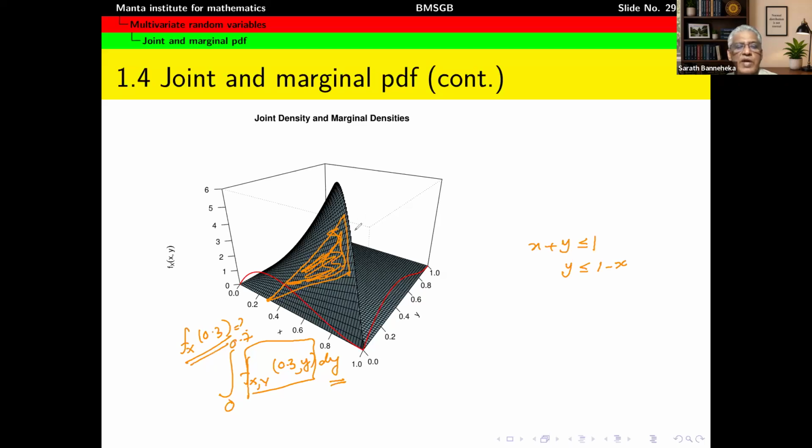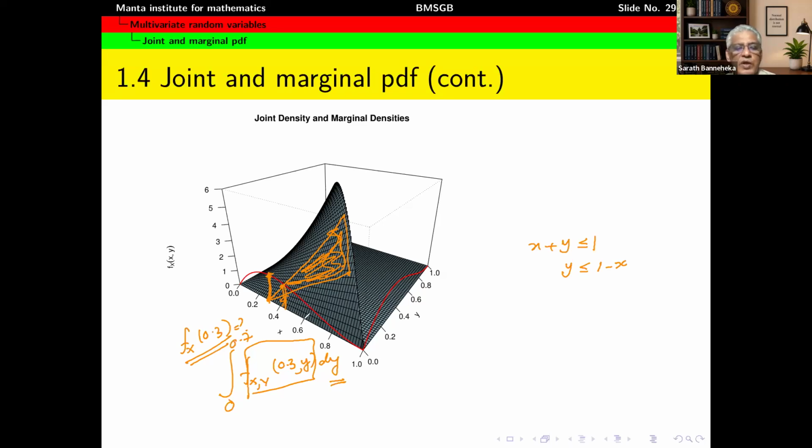And that will be this height here. Not this one actually. Well, this one. When x equals this value, the density function has this value. So if you evaluate this, the answer should be something like this.